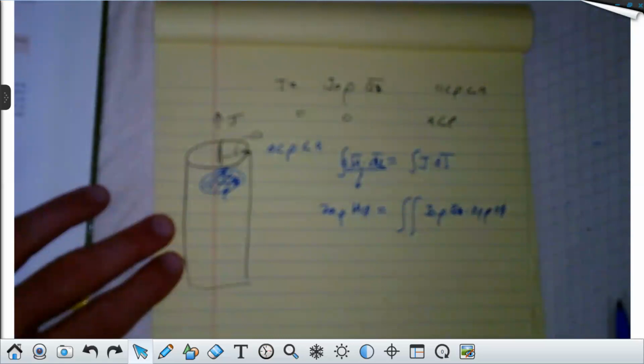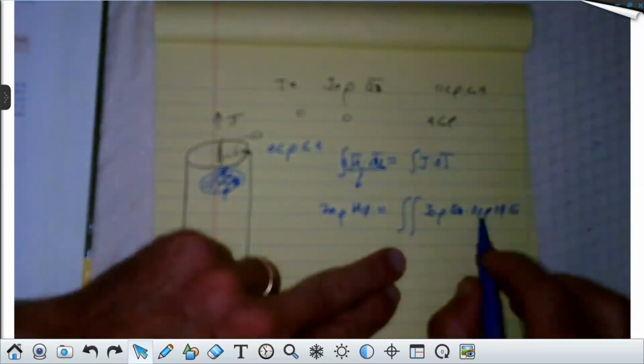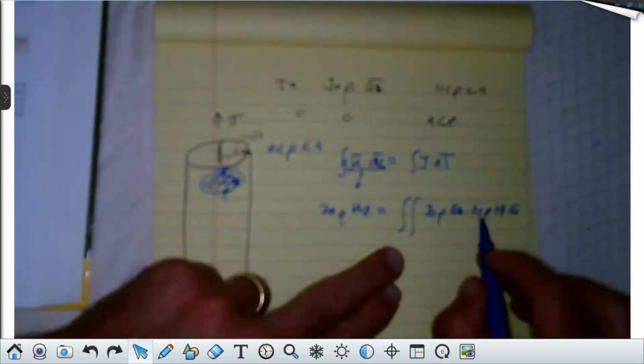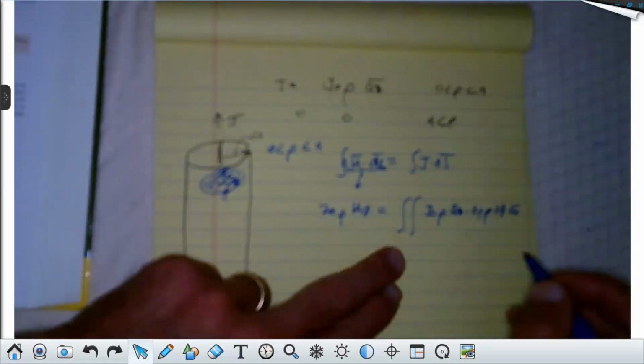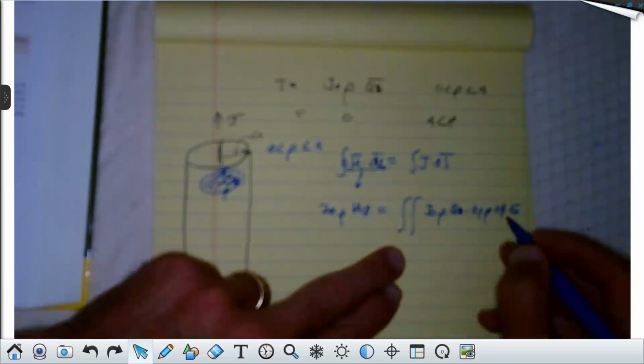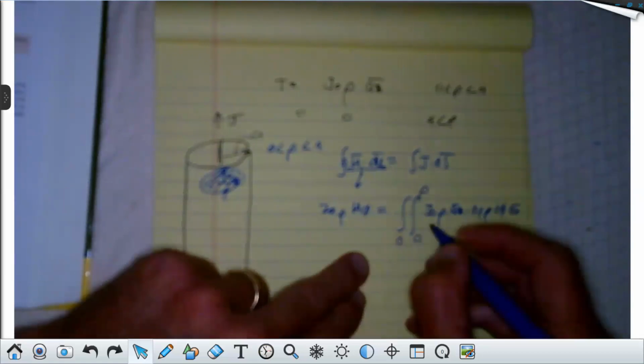And this would be in the az direction. Now, rho goes from where to where? Anyone? 0 to rho. Exactly, not a, because we're limited to rho less than or equal to a. So it goes from 0 to rho, and phi goes from 0 to 2 pi.